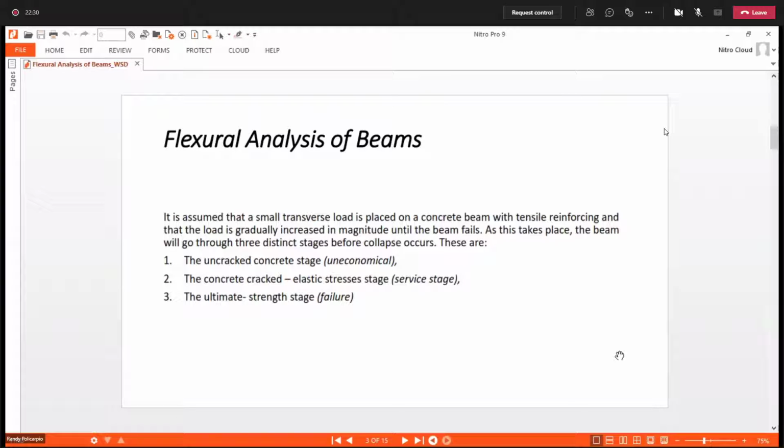You're going to make your beam massive, so the section of your beam becomes large. That is why this is considered uneconomical. Now, the third stage: as the load increases, it will reach what we call the ultimate strength stage. Here we set where our beam can fail. This is the failure stage of our beam. Those are the three stages.